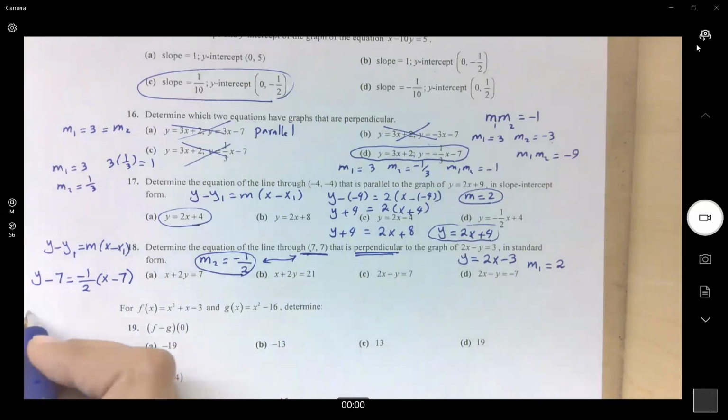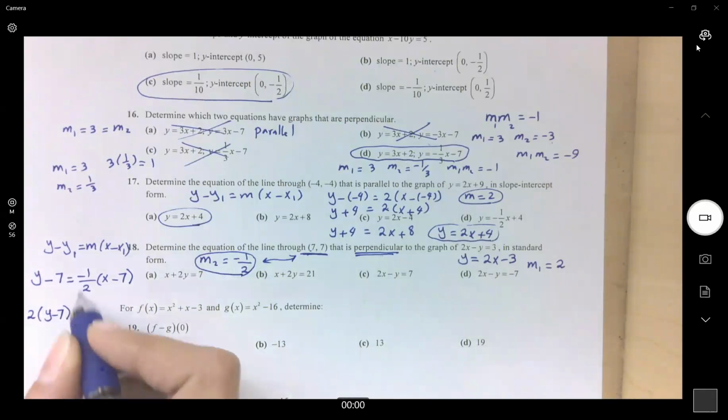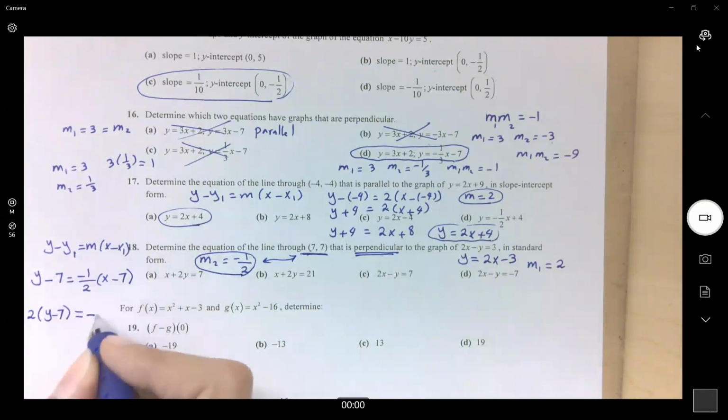So if you multiply the left-hand side by 2, you get 2 times y minus 7 equals. If you multiply 2 by this fraction, 2 and 2 cancel out. You end up with a negative sign, or -1, in front of x minus 7.